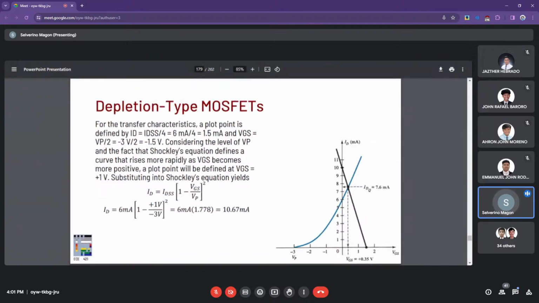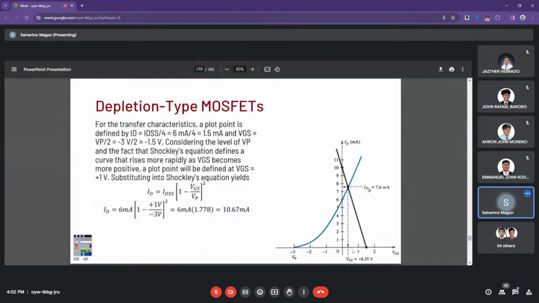For the transfer characteristics, a plot can be defined by IDSS over 4, which is at 6 milliamps over 4.